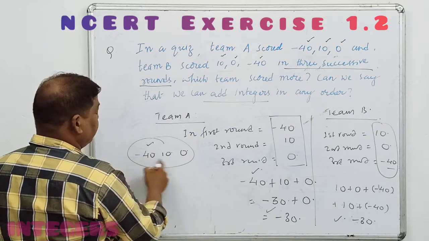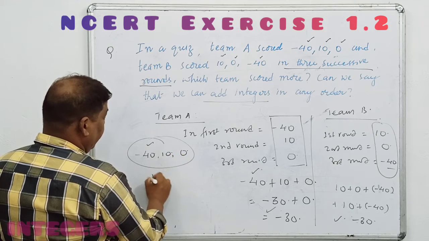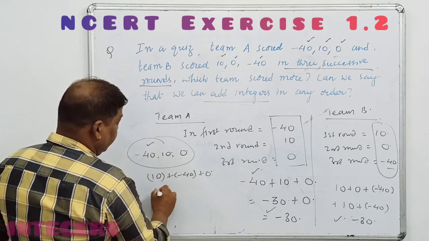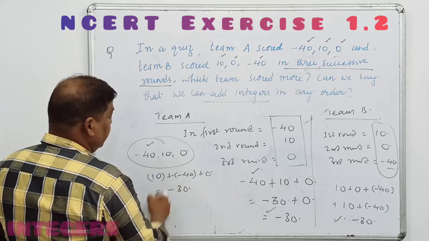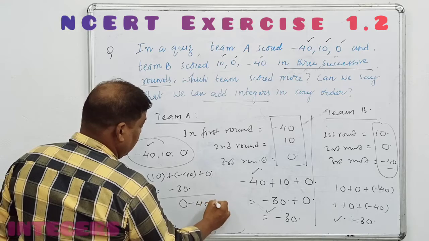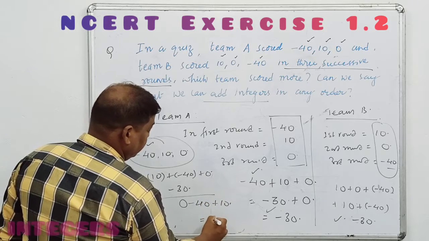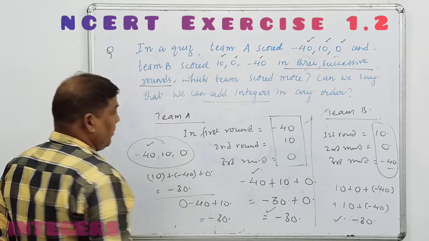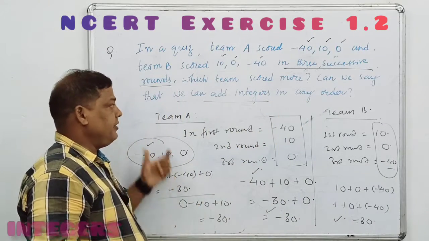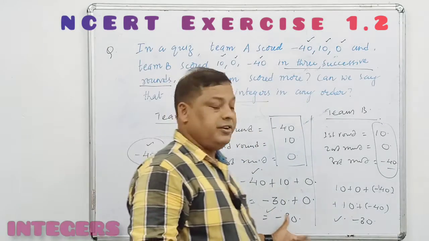So you can add these 3 numbers. So you add 10 plus minus 40 plus 0, the result will be minus 30. If you add 30 minus 40 or plus 10, the result also minus 30. So we can add integers in any order. So the result will be the same, that is minus 30.